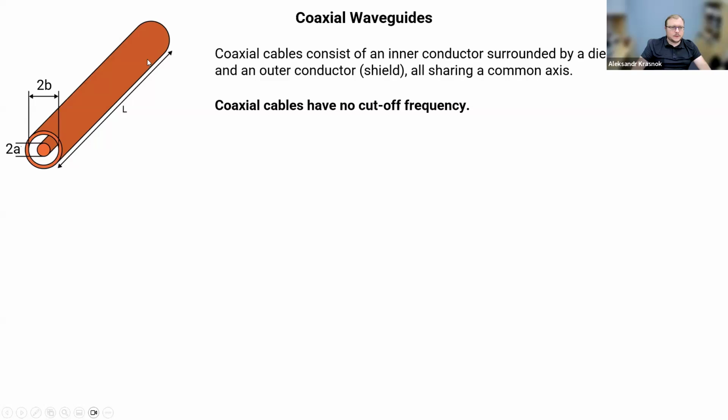It means that this coaxial cable can support any frequency from DC, from 0 frequency, up to any frequency, up to some natural limitations like material breakdown and so on.